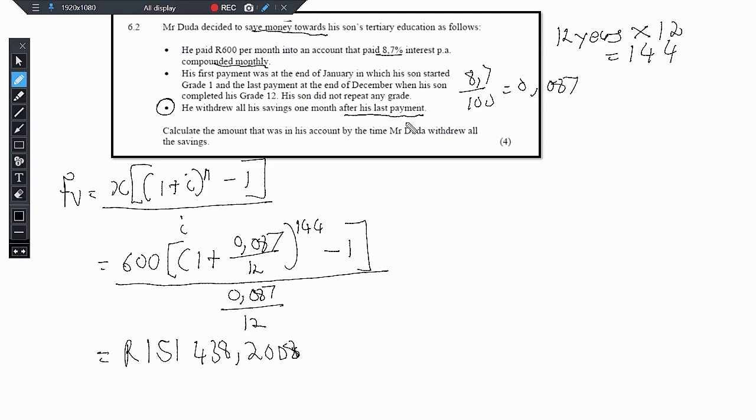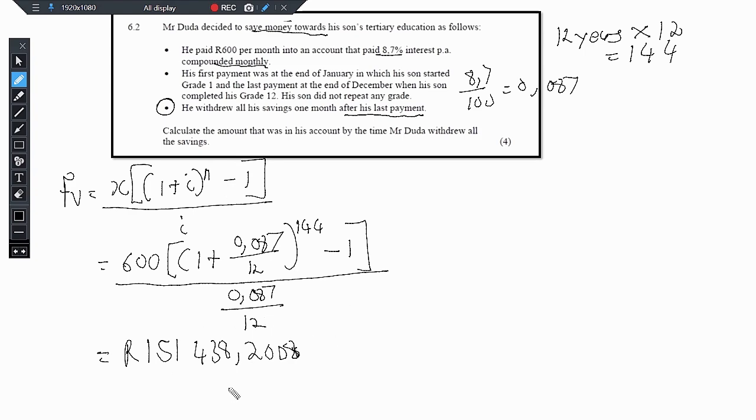So that means he left this money to stay in the savings account for an extra month. But remember, in that month, he was not making any deposit, right? So he just left the money there. Now, when the money is left in the savings account, it obviously grows interest because this is an investment account.